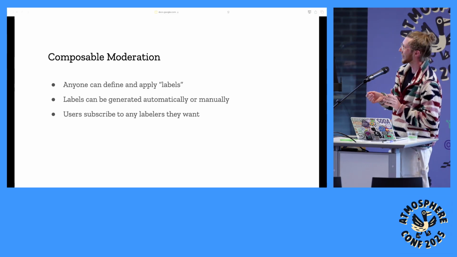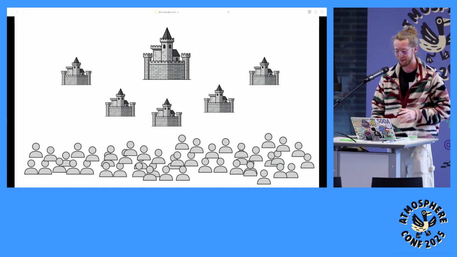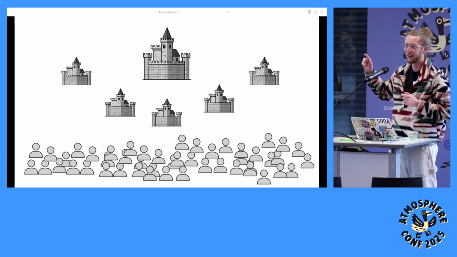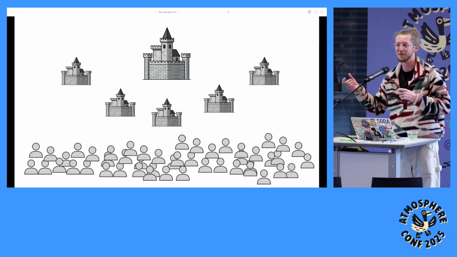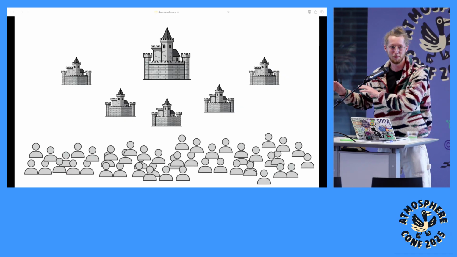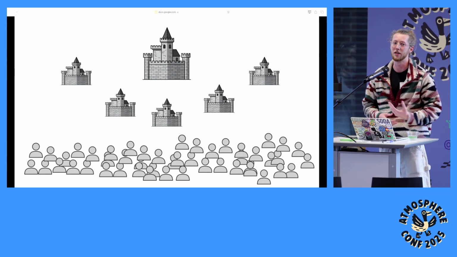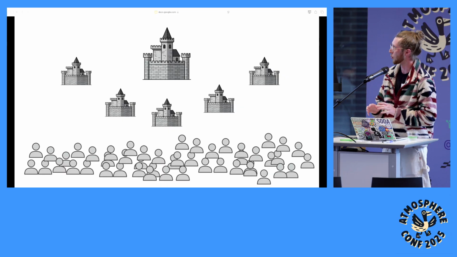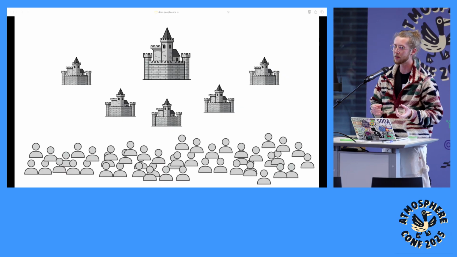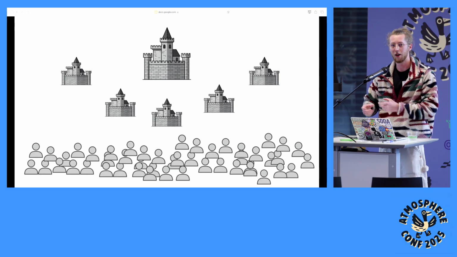So composable moderation is great, but you kind of end up with several smaller castles. And this isn't to downplay the moderation work that people are doing, because the people that were talking earlier today and yesterday are doing really incredible work. But there are also instances of this not going so well.